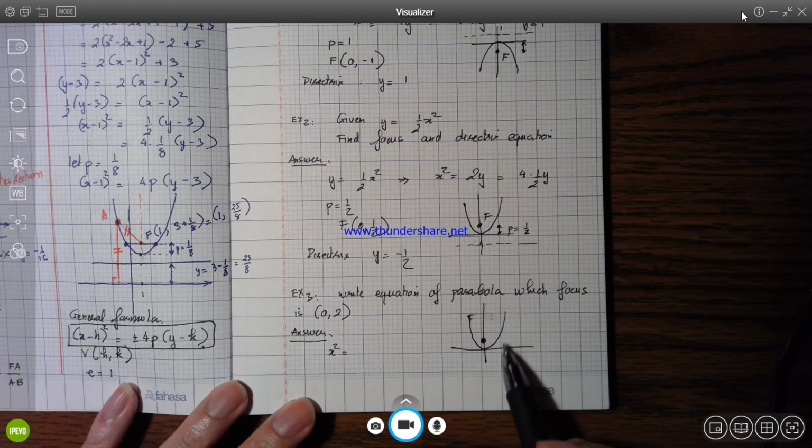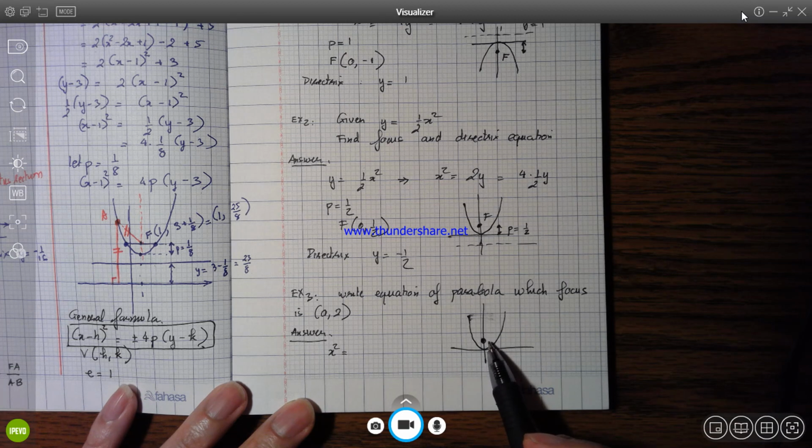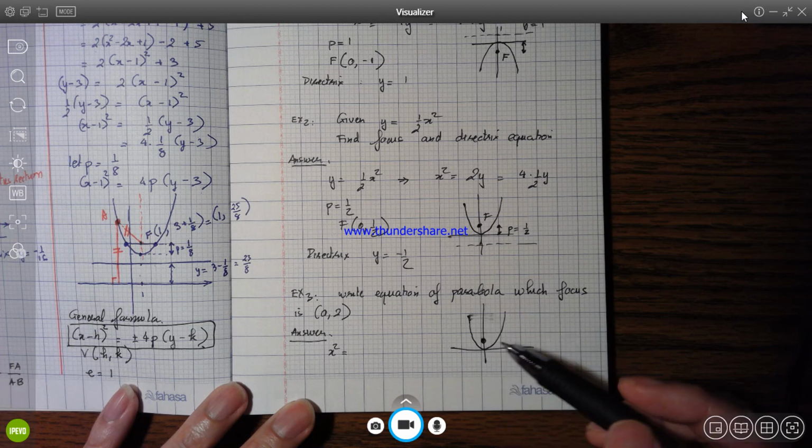and because F is (0, 2), so it must be opening up. Okay, let me see. It could be opening down, because it's going to be like this.